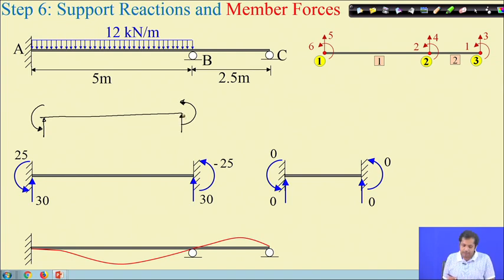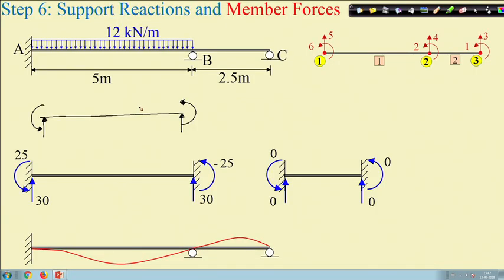Okay, member forces. The direction of the bending moment and shear force is represented as positive and negative in algebraic calculations. In a beam, the sense of bending moment is either sagging or hogging.